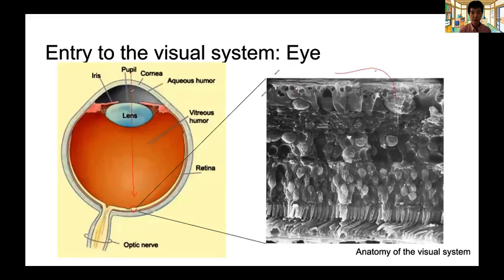So these guys actually send axons, and that's the part that first sees, in a sense, the light. And then there are lots of processing layers here, and then the cones and the rods are located closest to the body, in a sense.